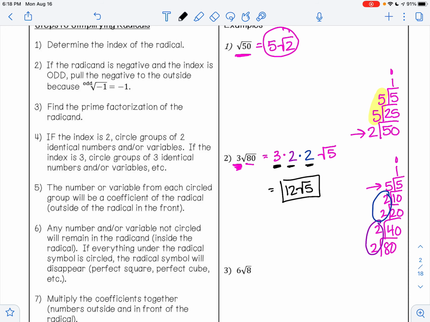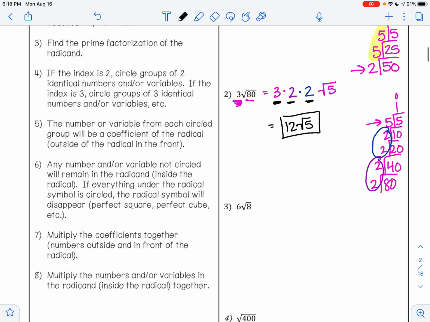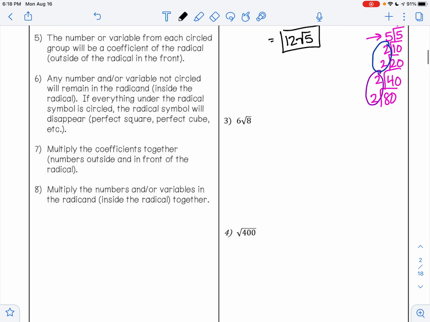Let's try that process again with number 3. So on example 3, I have this coefficient of 6 that's out in front. So I'm going to go ahead and write down that 6 so I do not forget about it. Now I need to do birthday cake for 8.